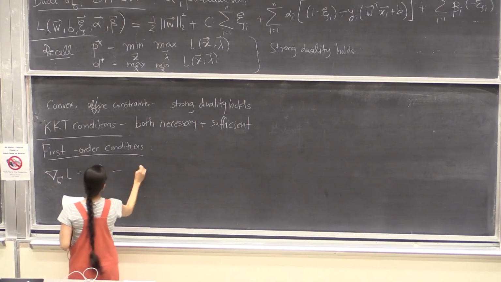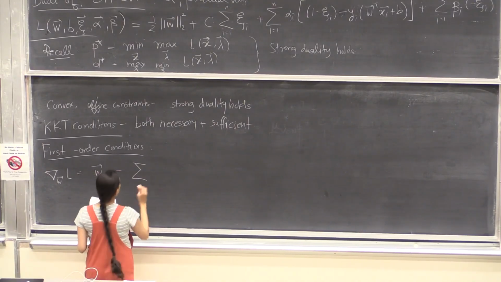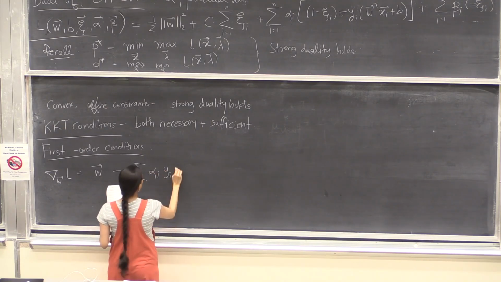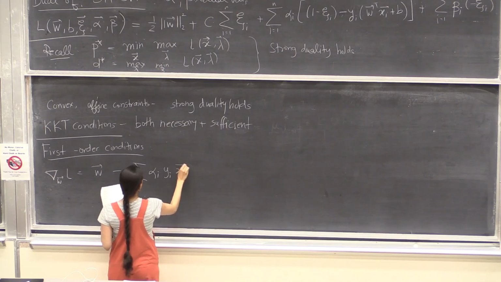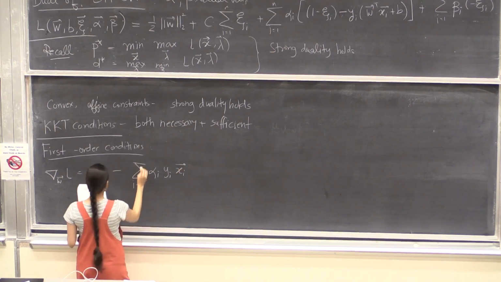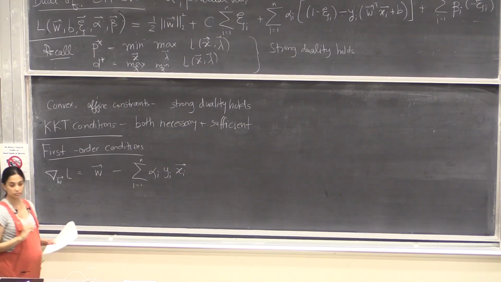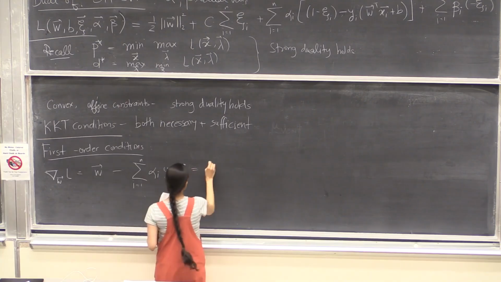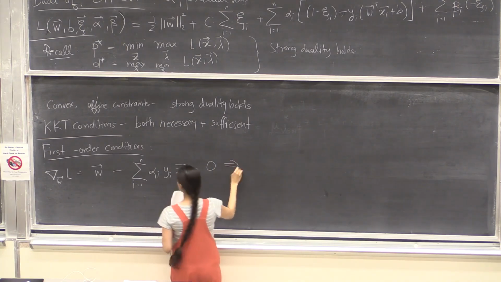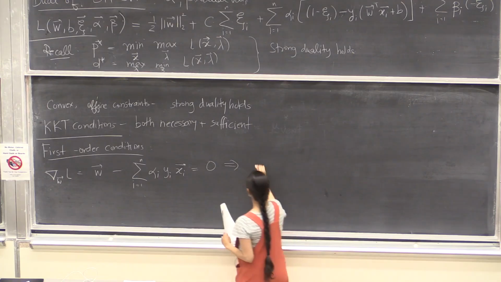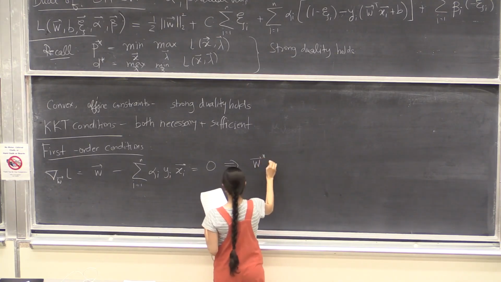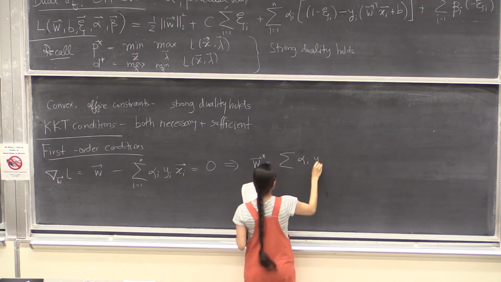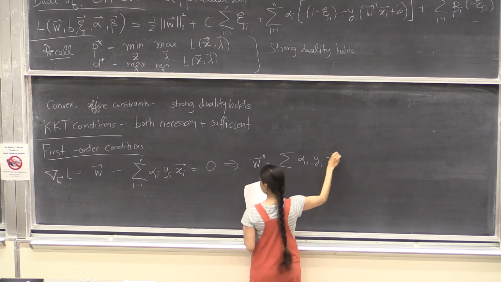So I have minus sigma alpha_i y_i x_i, and this must be equal to 0, which implies that at optimality, my W star is equal to sigma alpha_i y_i x_i.